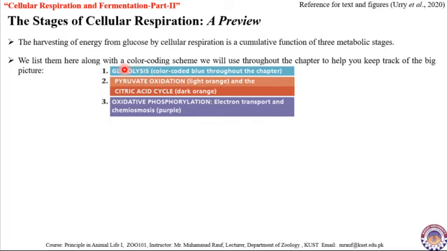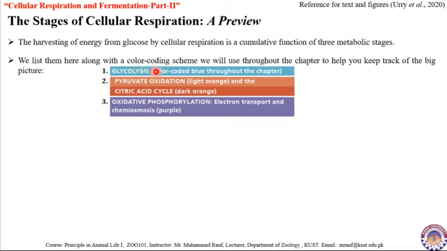This process does not require oxygen, and it is a universal energy deriving pathway. It is thought to be the most ancient energy deriving pathway, and it produces a net of 2 ATPs and 2 NADH molecules.